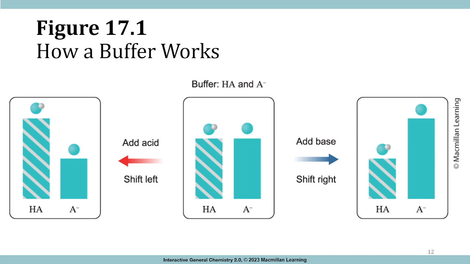So it doesn't actually matter here. Conjugate is just an artifact of us deciding one direction versus the other. And here, again, we add an acid. What's going to happen? We're going to consume some of our weak base, and that's going to give us more of that conjugate acid.